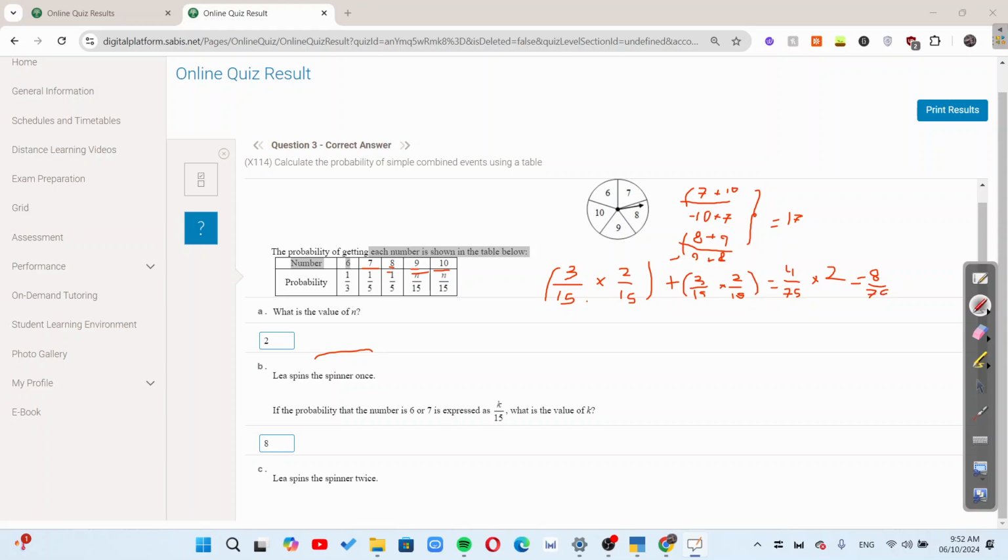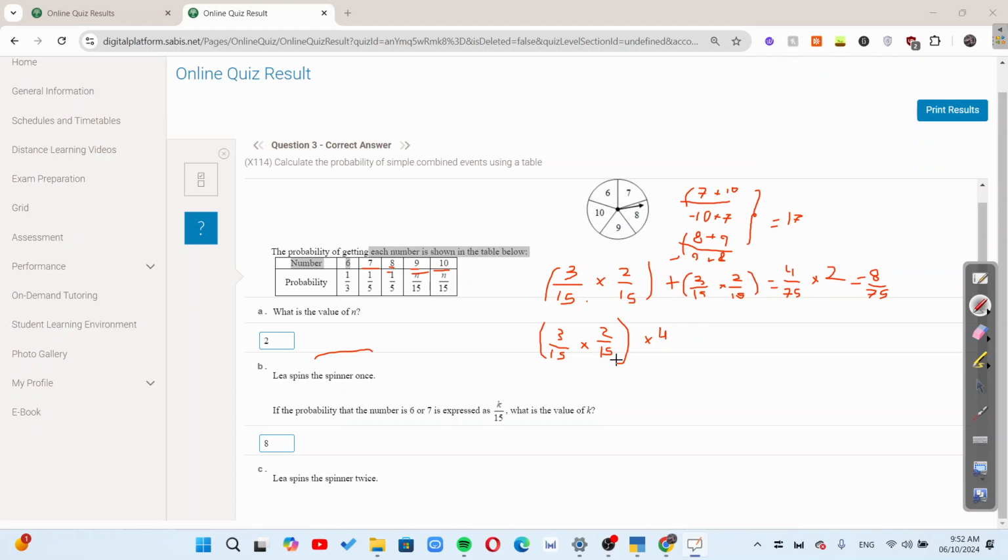Now, if and only if you have the same probabilities, so you're multiplying 3 over 15 and 2 over 15 two times, you could do 3 over 15, but this is only if you have the same numbers for each probability, okay? If you get what I mean, do it. If you don't, just stick with this. You're always going to get the right answer. So you could do 3 times 2 over 15, all this times 4.